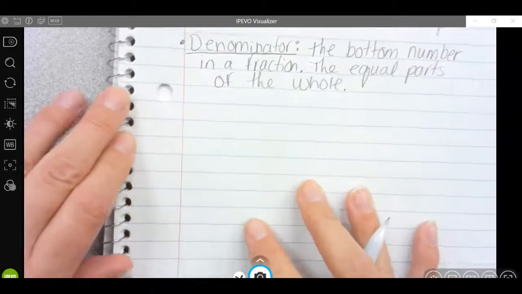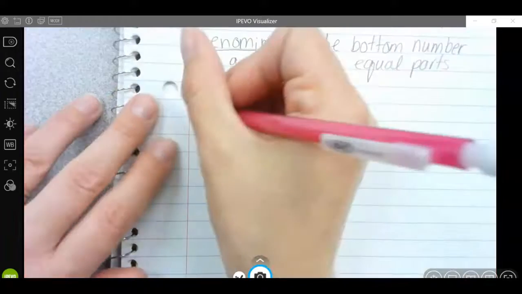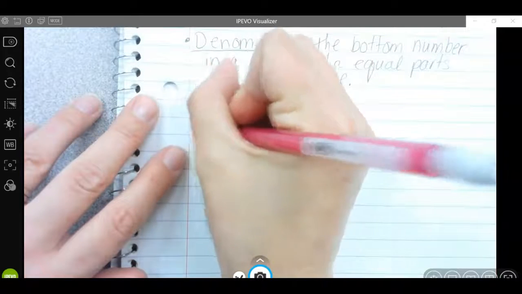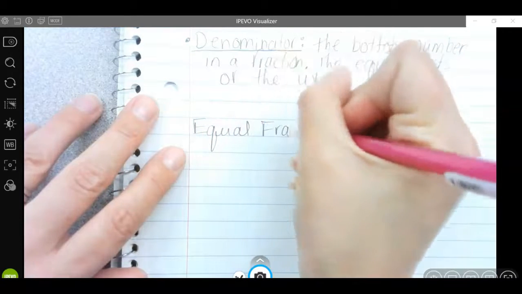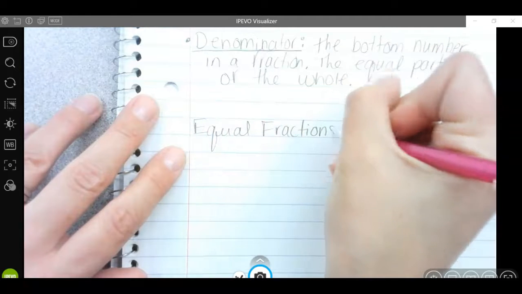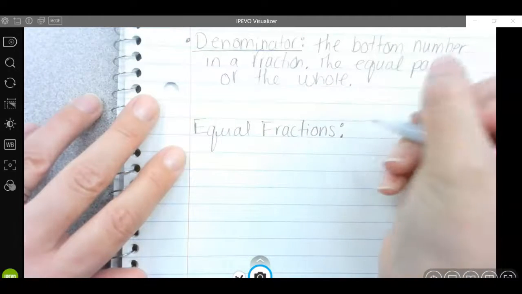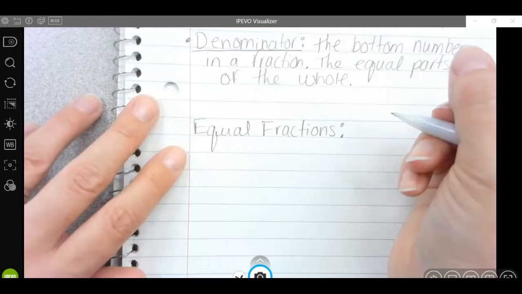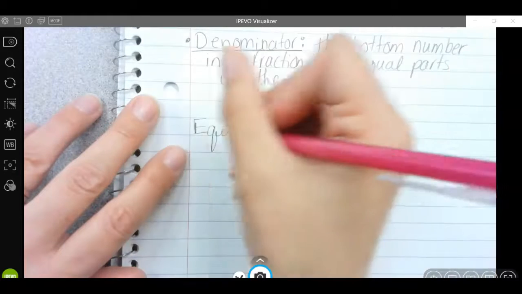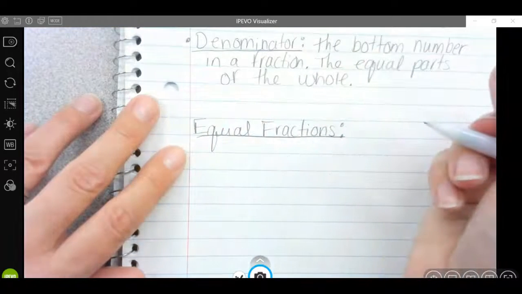Okay, so now we're going to talk about equal fractions. Equal fractions is when 2 or more fractions have the same amount of the whole. So I'll show you what I mean.